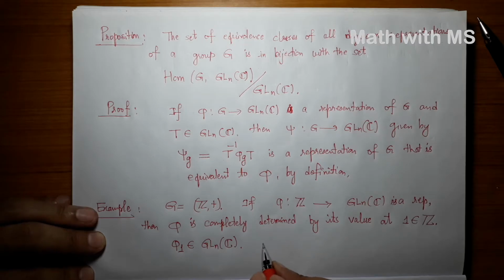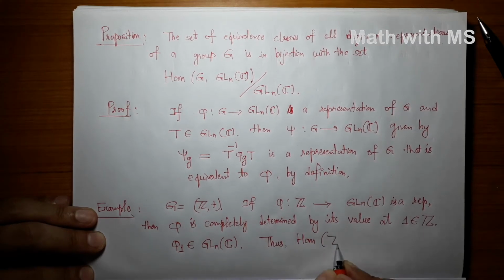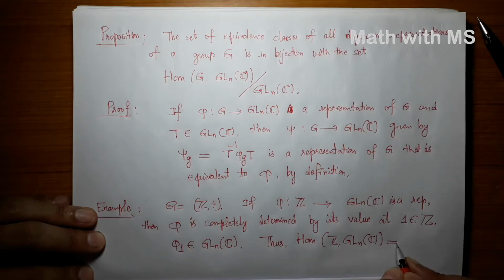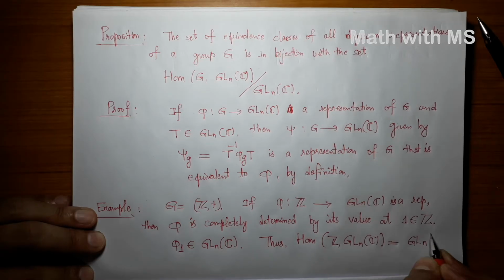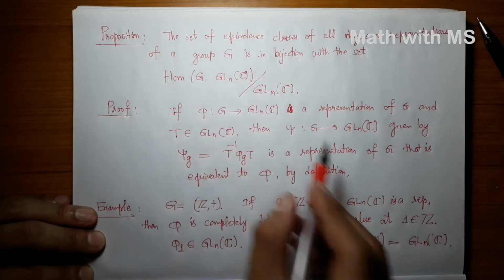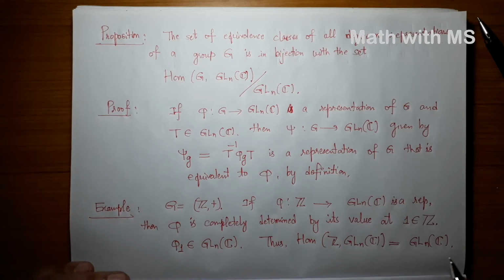So thus, what is this set Hom(Z, GLnC)? It is just the same as the set GLnC, because you could assign 1 to any invertible n by n complex matrix. And then what is the quotient of GLnC by the conjugation action of GLnC on itself? It is precisely the set of conjugacy classes of GLnC.